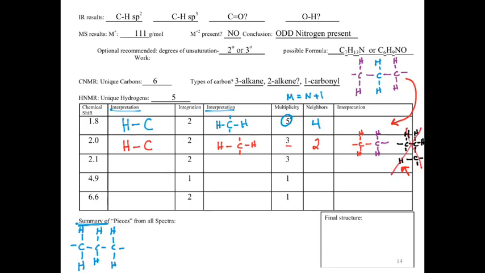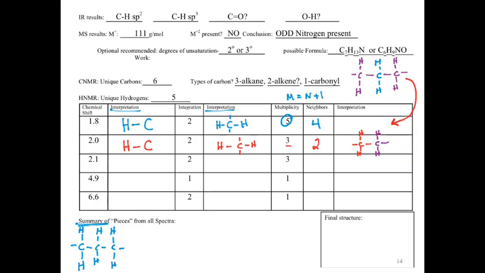Okay? And the reason being is because that structure doesn't have just 1 carbon hydrogen on its own, it has a second. So if that piece were valid, we would have to have 2 1 hydrogen signals. We don't. Okay, so that structure must be incorrect.